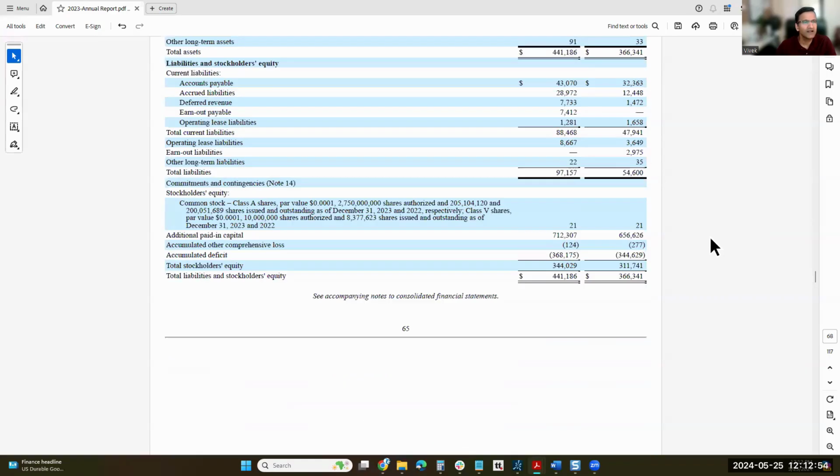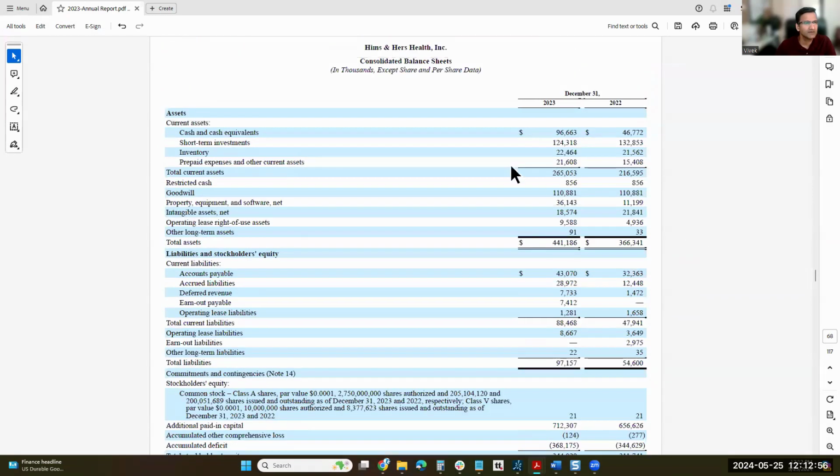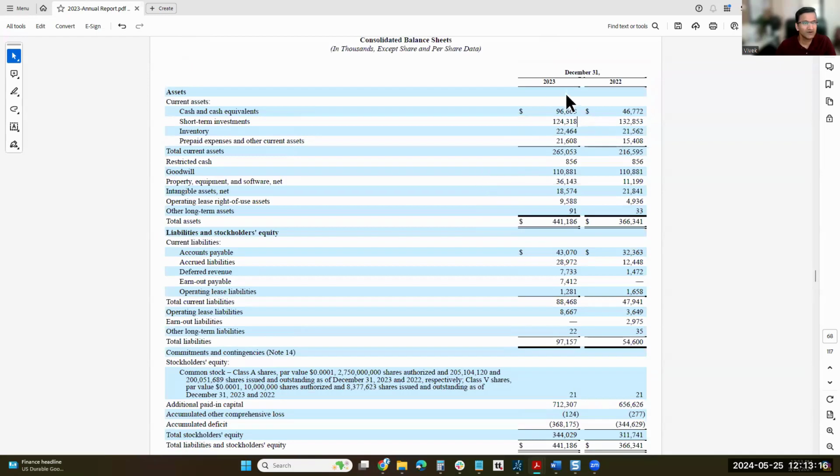So they really don't have much cash available. What am I missing here? Oh, the 110 of goodwill, they must have acquired some companies. Okay. So yes, they will either need to raise cash or they will need to raise debt. Or maybe they have already, I don't know.